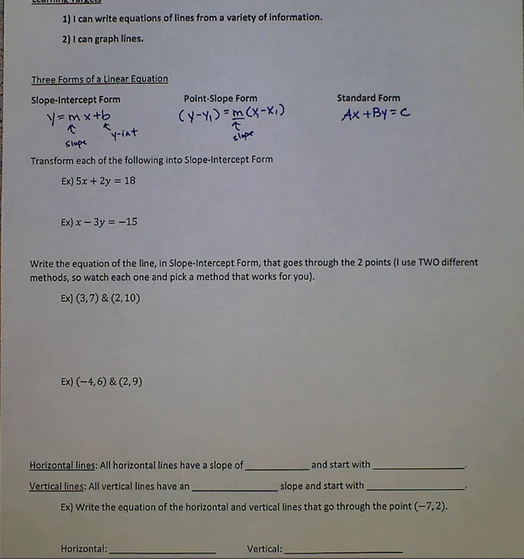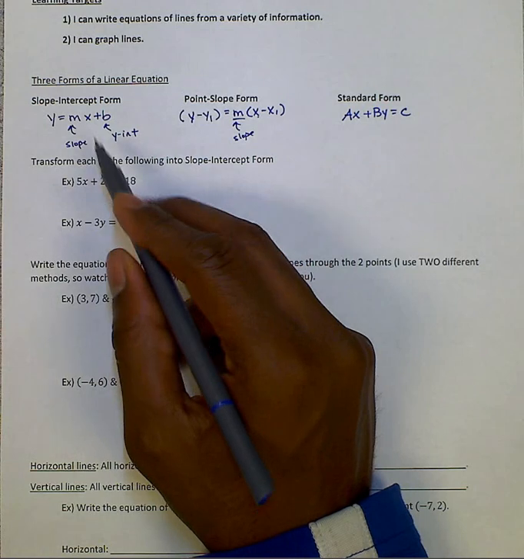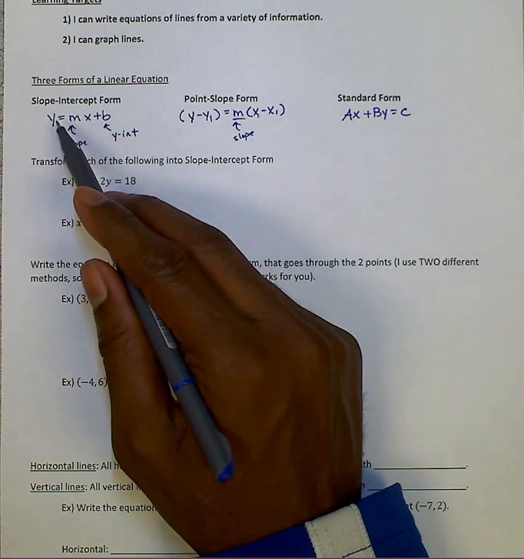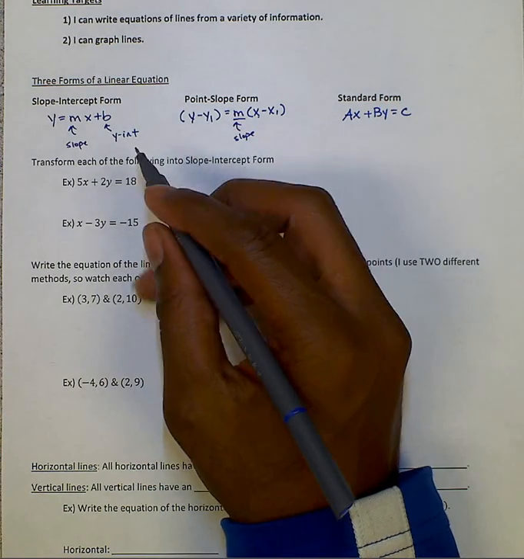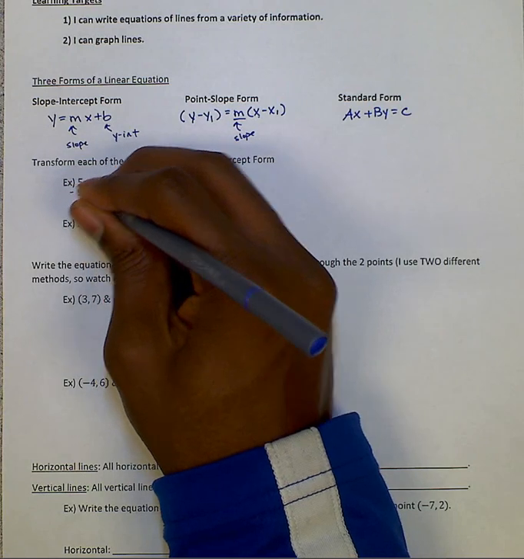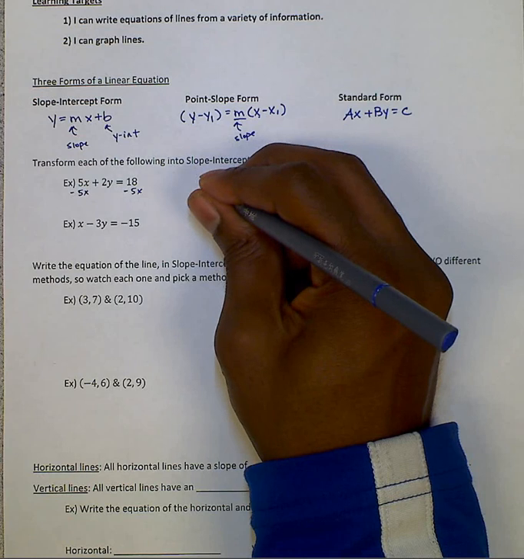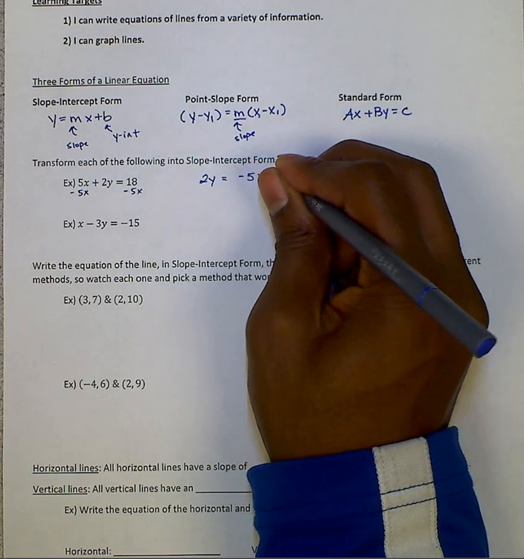So here we start out in standard form because x and y are on the same side. We're going to get y by itself and put it in slope-intercept form. That's the really distinguishing mark of slope-intercept form. So essentially we're solving for y here. So I'll subtract 5x from both sides, and that will leave me with 2y equals negative 5x plus 18.